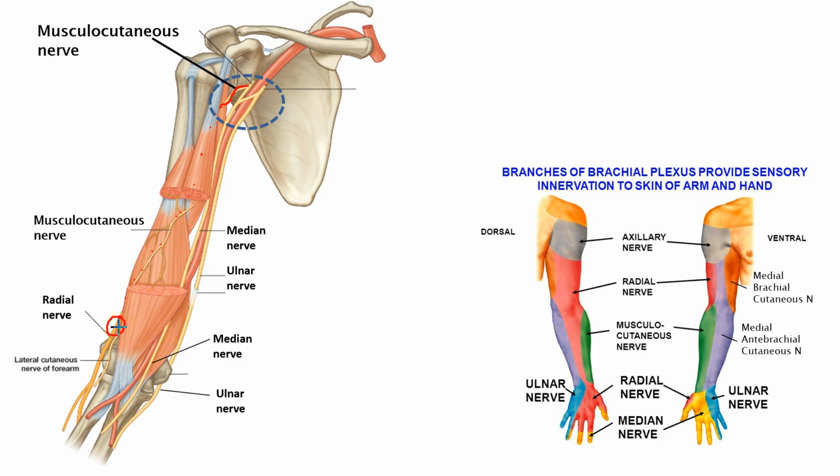And when it exits, it becomes the lateral cutaneous nerve of the forearm, aka the cutaneous part of the musculocutaneous nerve.